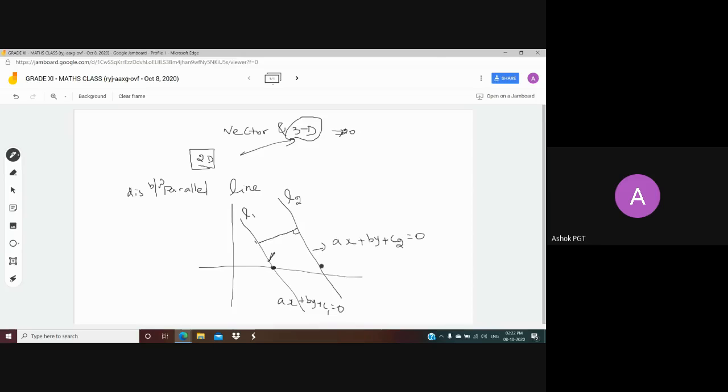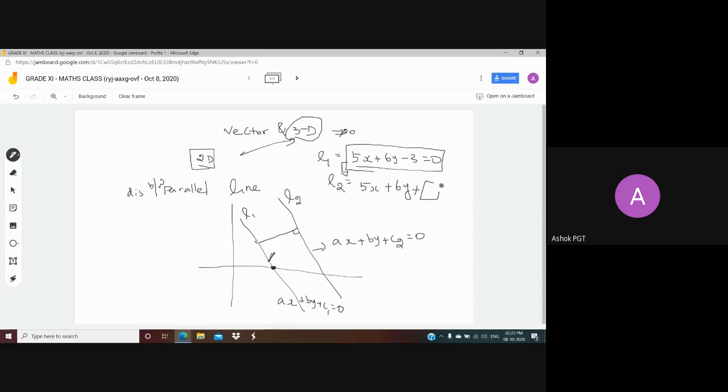Students, please be very clear. I will give you a very important hint. Take 5x plus 6y minus 3 equal to 0, and let us say this is line 1. If you want to find another line parallel to L1, write the coefficient of x as it is and the coefficient of y as it is.